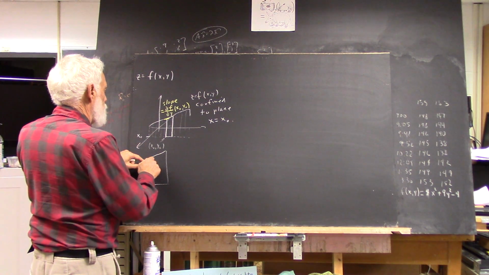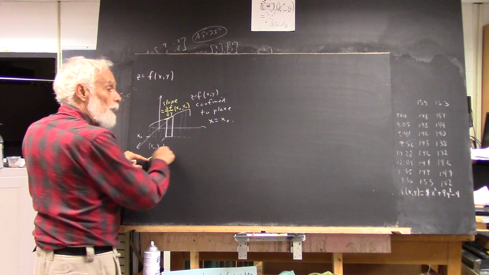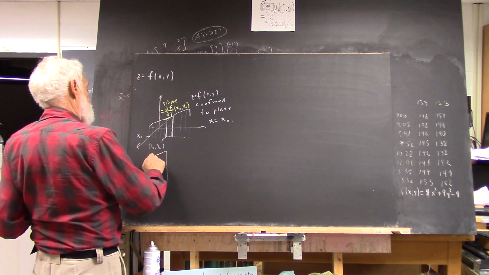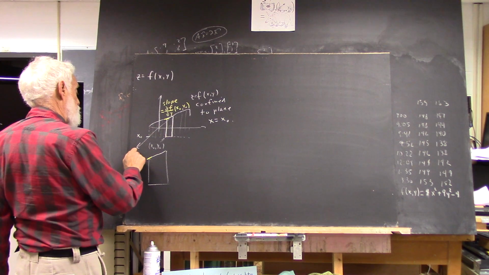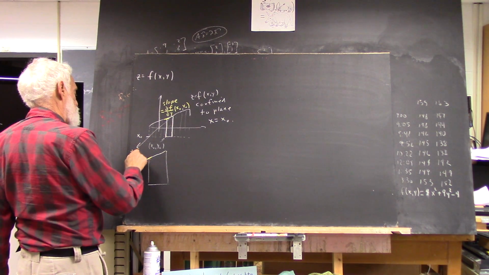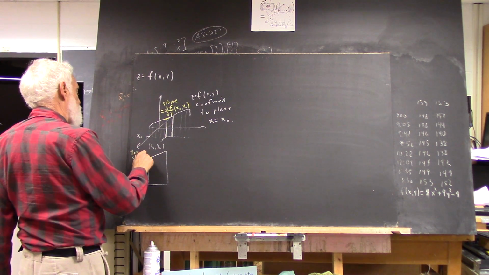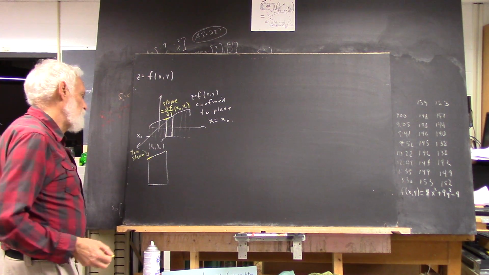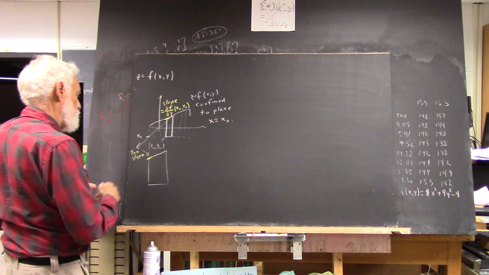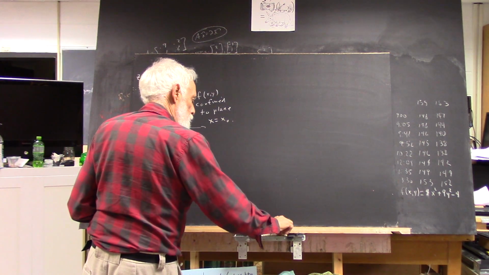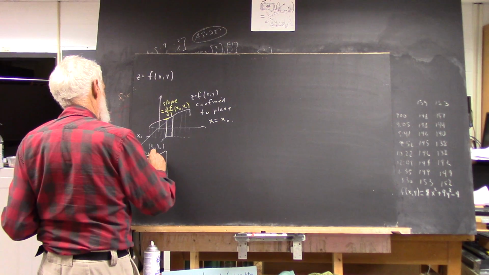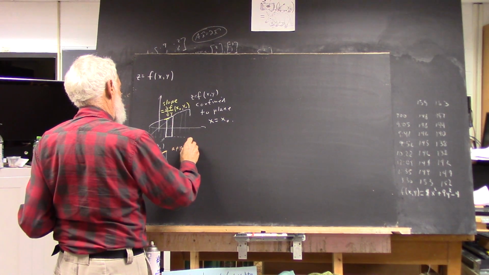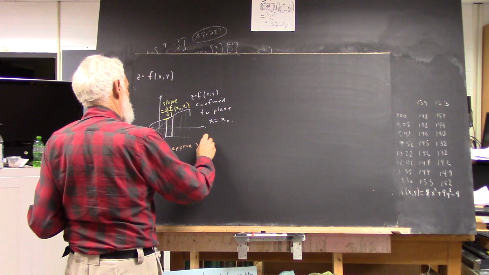And of course, the slope between this point and this point is an approximation. I'll label this as the tangent slope, though there's not really such a thing as a tangent slope. But here is the approximate slope.